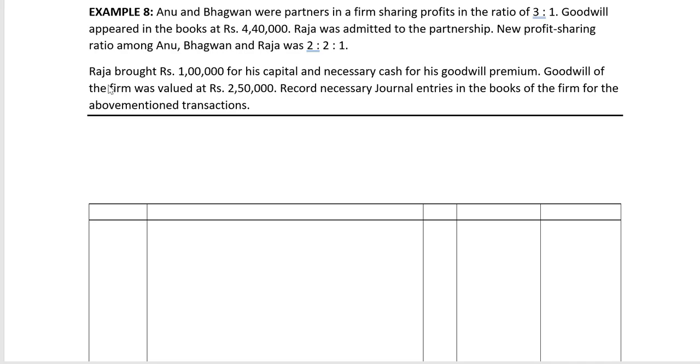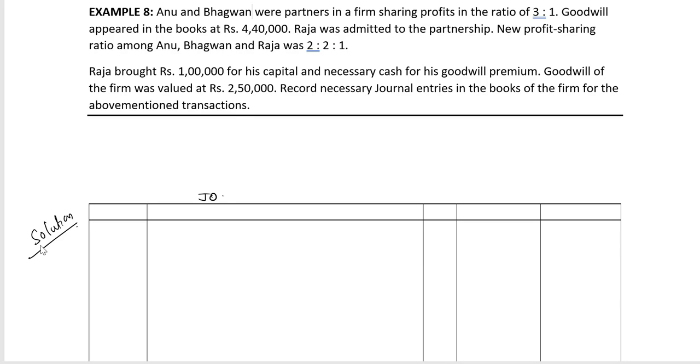Raja brought rupees 1 lakh for his capital and necessary cash for his goodwill premium. Goodwill of the firm was valued at rupees 2,50,000. Record necessary journal entries in the books of the firm for the above mentioned transactions. Let's go ahead with the solution.